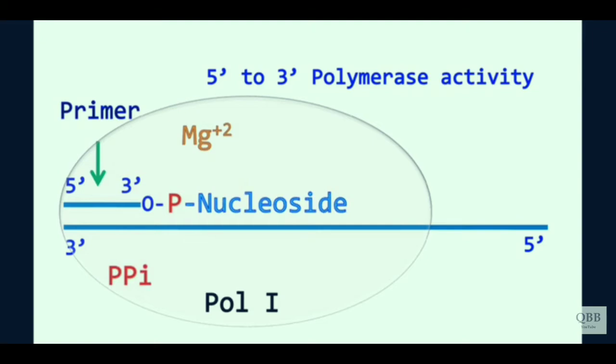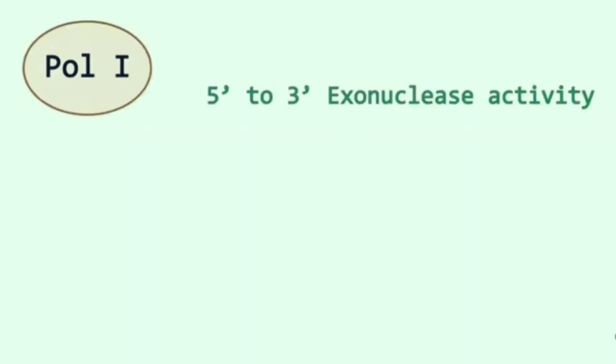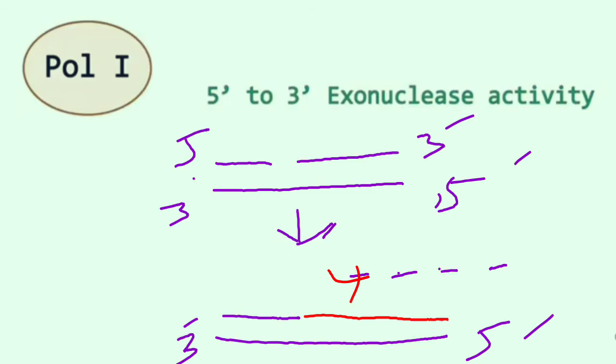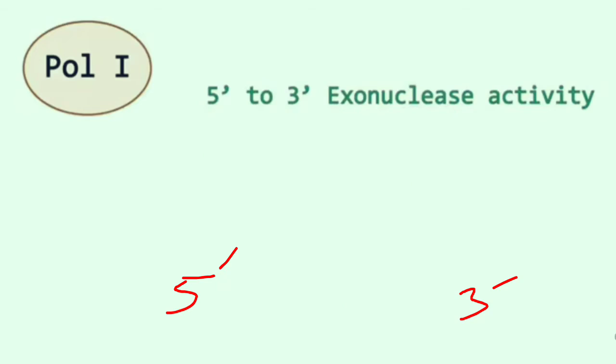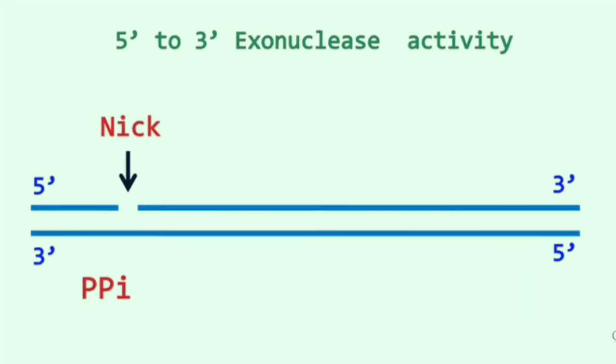DNA pol 1 has both the 3' to 5' and 5' to 3' exonuclease activities. The 5' to 3' exonuclease activity means that the polymerase is going to remove the nucleotides in the 5' to 3' direction.